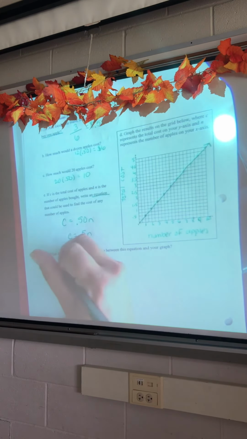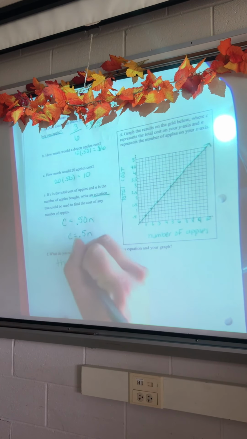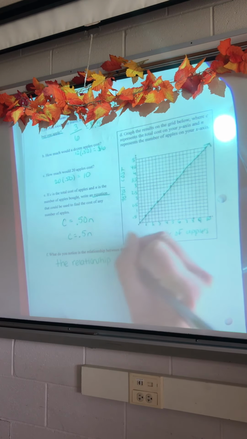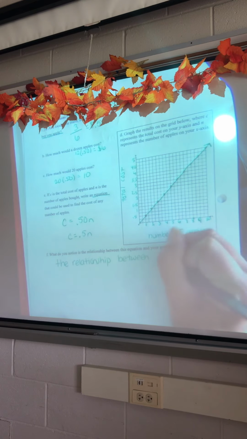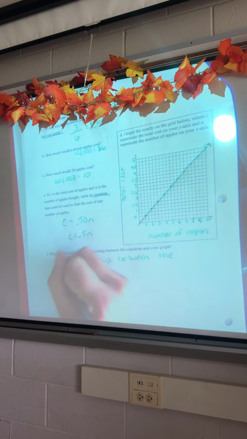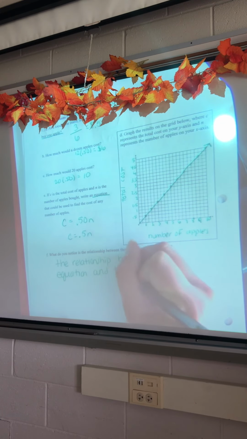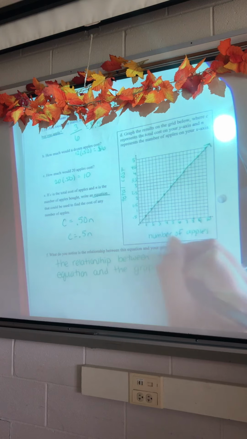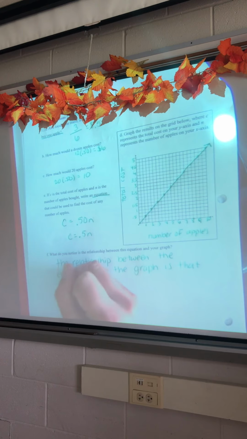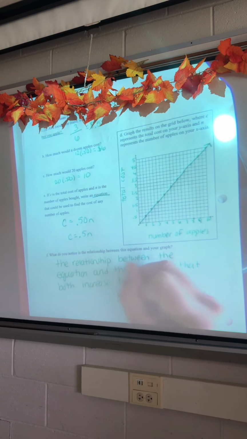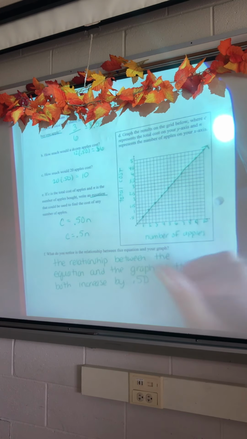So the relationship between the equation and the graph is that both increase by 50 cents every time.